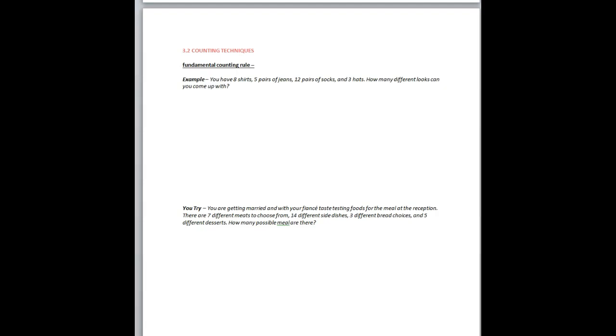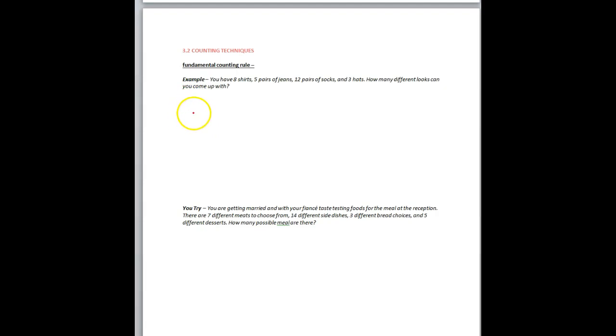And the idea behind the fundamental counting rule, which I believe is on slide 24 if you are looking at the slides, or somewhere in the LearnSmart Achieve that you're working on. But essentially, what is going on is, let me get this pen working here. This pen always gives me fits, I don't know why. So how many outfits can we come up with?